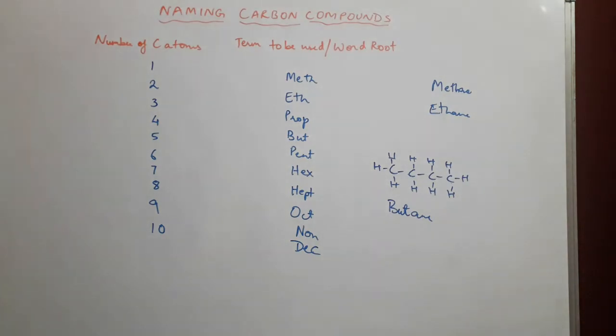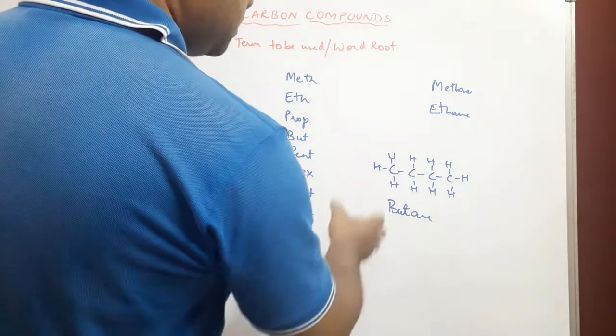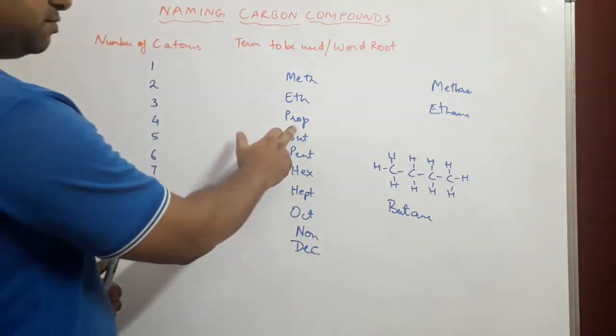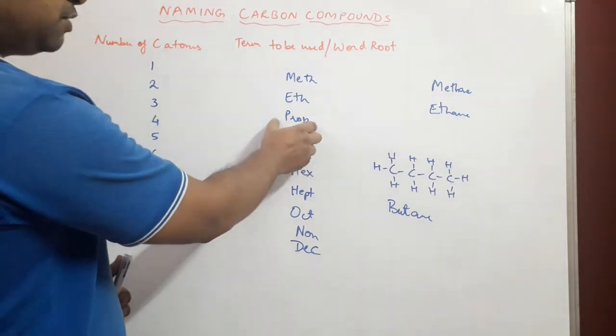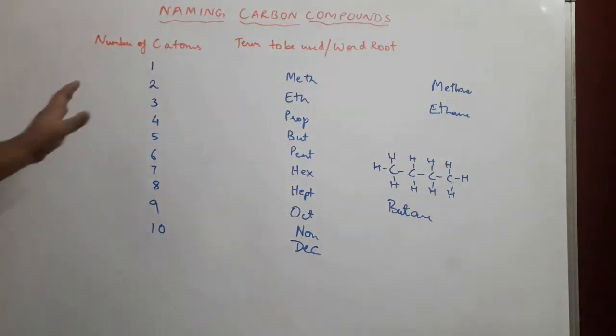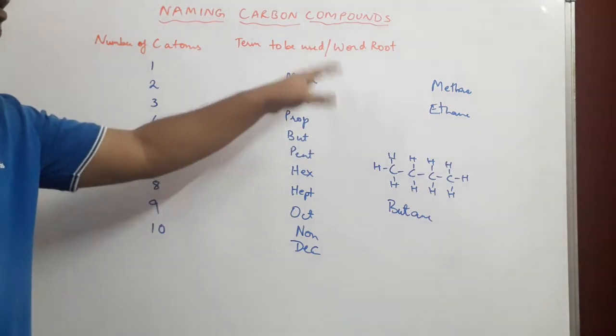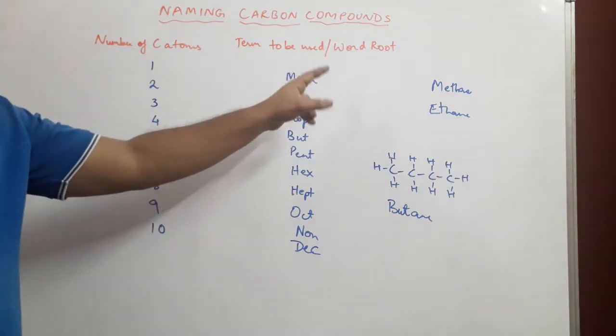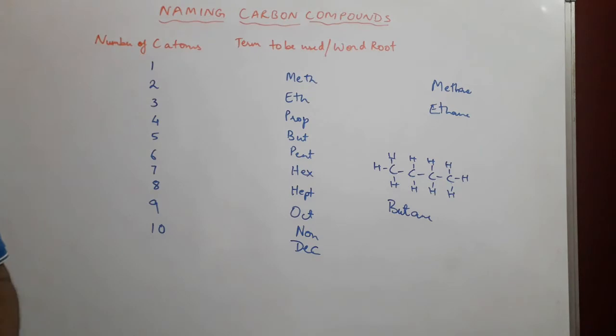So next we will learn about the functional groups. For example, we will use the 3 carbon atom word root prop and see how we can form different examples with this word root based on the changing functional groups.